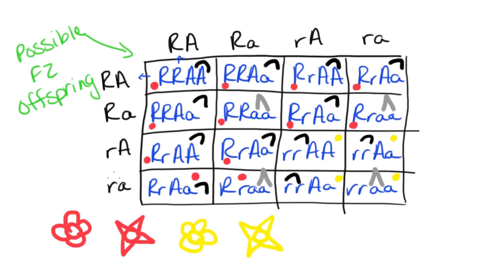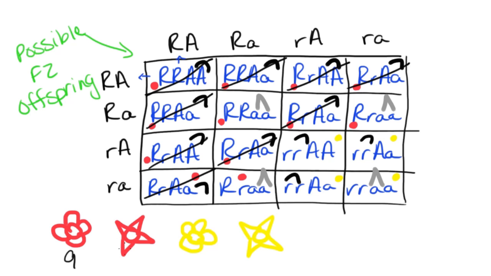So if we go through here and we count them up, if we count up how many happen to have the red round, and I'm just going to mark them off as we go through, this will be 1, 2, 3, 4, 5, 6, 7, 8, and 9. So notice we had 9 individuals or 9 boxes that had at least one capital R and at least one capital A. So they gave us round red flowers.